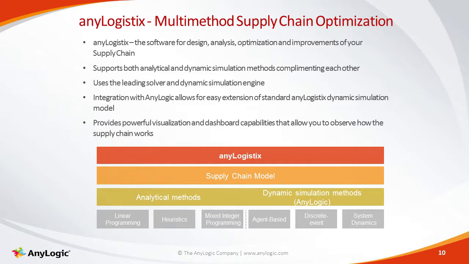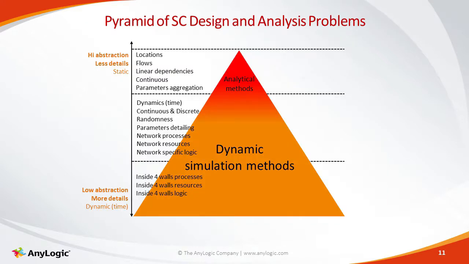And again, if we just come back to this pyramid and try to map the tools which are available on the market for supply chain design and analysis, we'll get the following picture. So 99% of the tools use only analytical optimization, and that's quite easily explainable. The main part in analytical optimization is the engine.